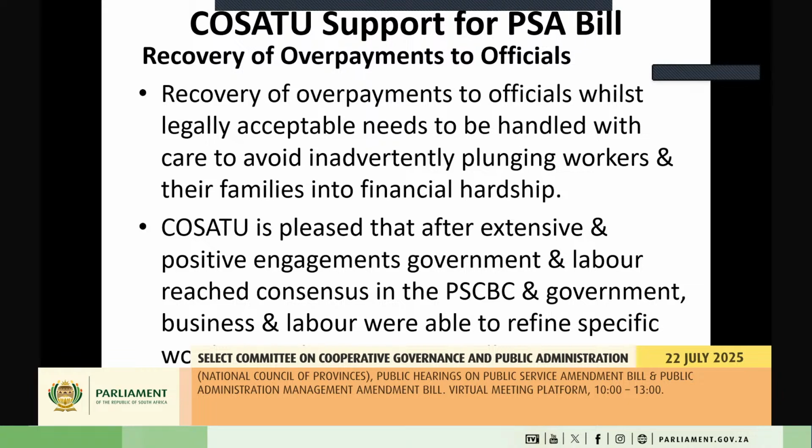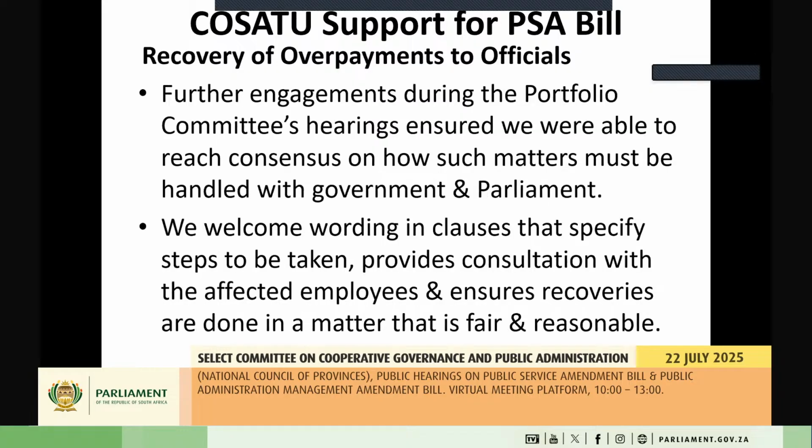So we're quite pleased that, after discussions and some useful drafting by the department and the Portfolio Committee, we've got, before the committee in the clauses, a useful kind of guide for HR on how to do so, to take into account the circumstances that affected a person, and allow them representations about the schedule upon which they can afford to make the repayment and so forth. And again, that's in line with what SARS does, etc.